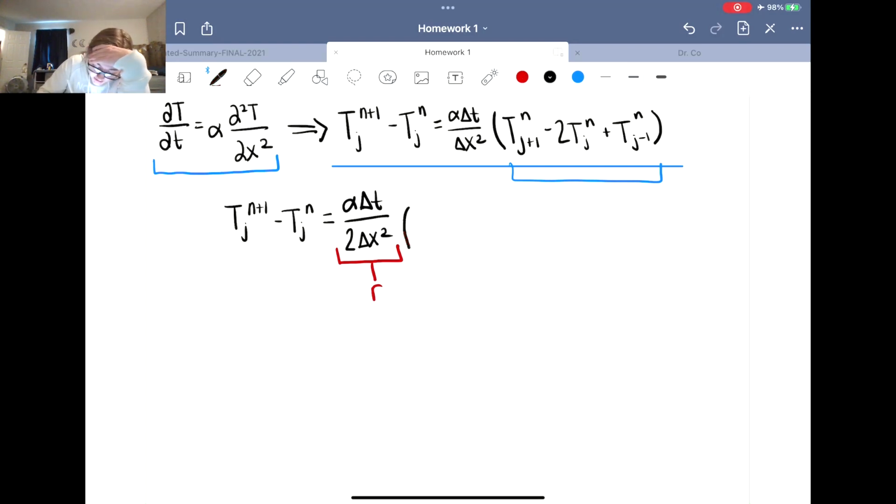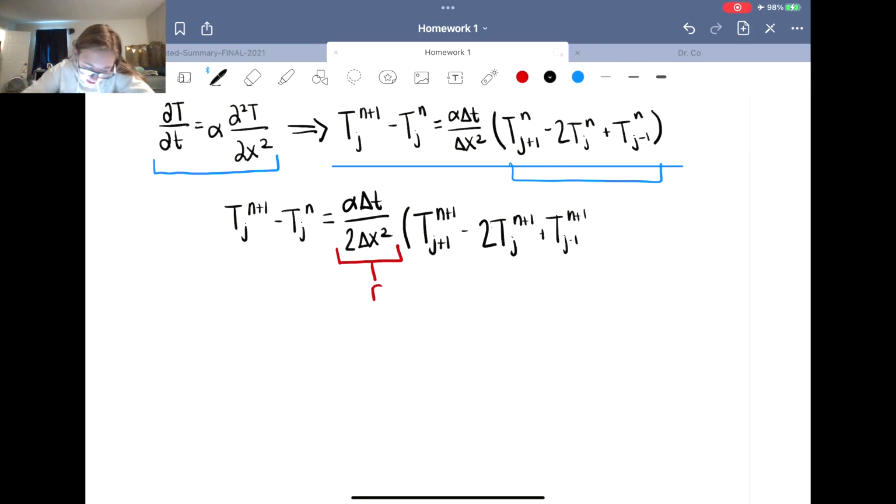So we're going to take T_(j+1). We're going to say that n+1 is our current time step, so then our n can just be our previous time step. Needs to be a T there. T_(j+1)^(n+1) plus T_(j-1)^(n+1).